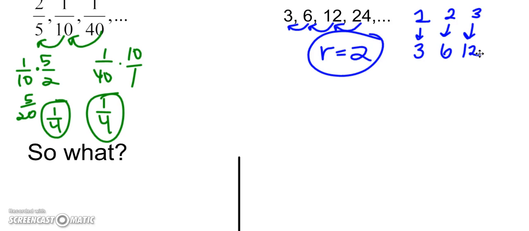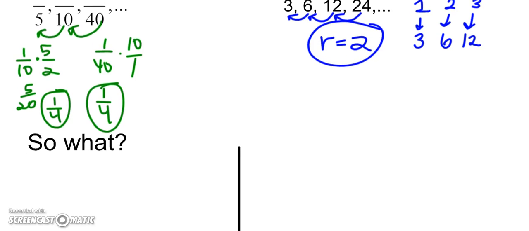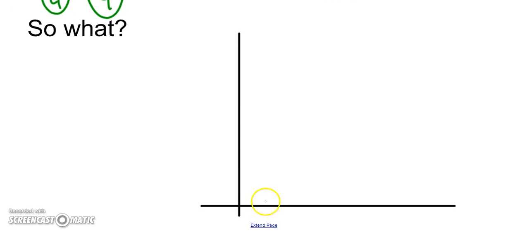Okay? So if I were to plot these points, it's not going to be a very good graph, but that's okay. So when I put in 1, I got 3. When I put in 2, I got 6.